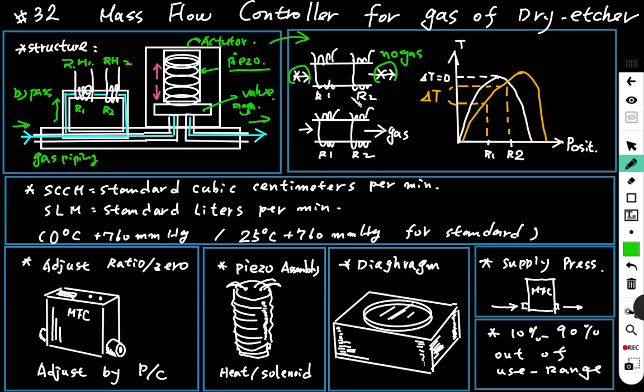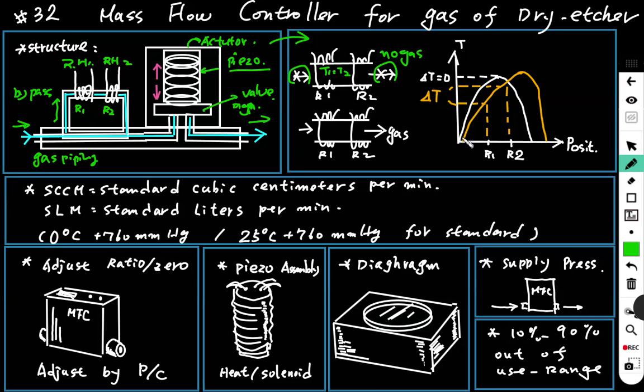And R1 and R2 in the bypass tube are heated by the resistor wire. With no gas flow, temperature 1 and temperature 2 are in the same situation and will be equal.